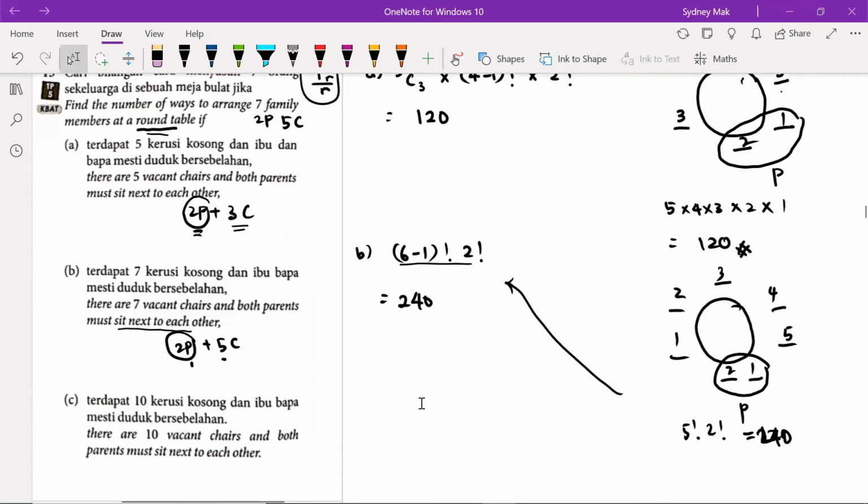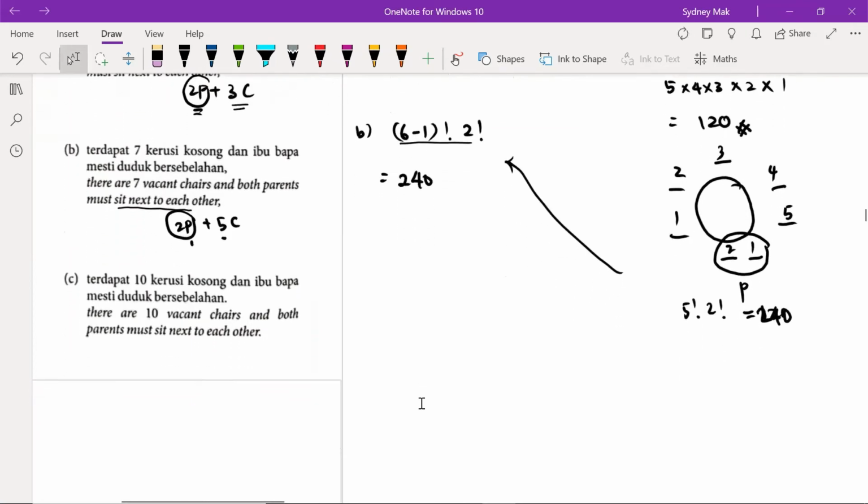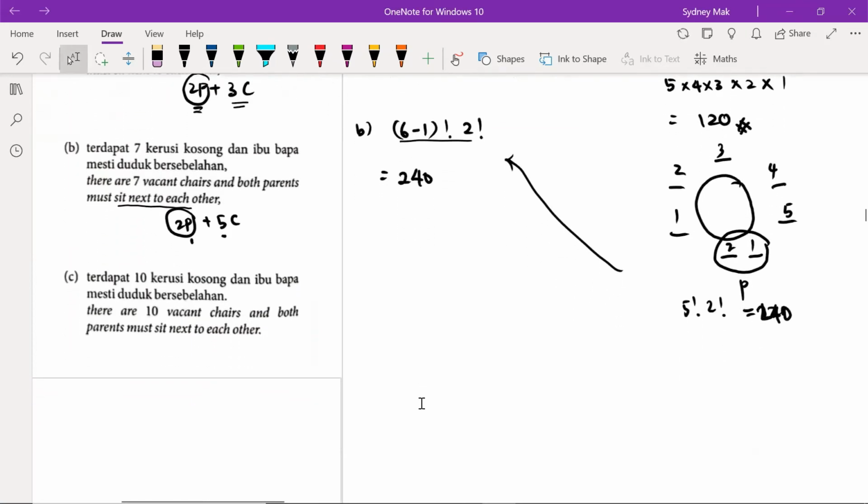All right, now part C. We have 10 vacant chairs and both parents must sit next to each other. So this one, we have 10 empty seats, n equals 10, and 2 parents must sit together. So everyone will have their seat, plus 5 children. So over here, our r is, take it as 6 items. That means the n is 9.